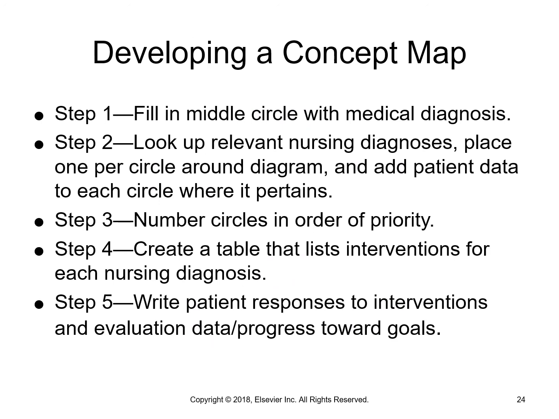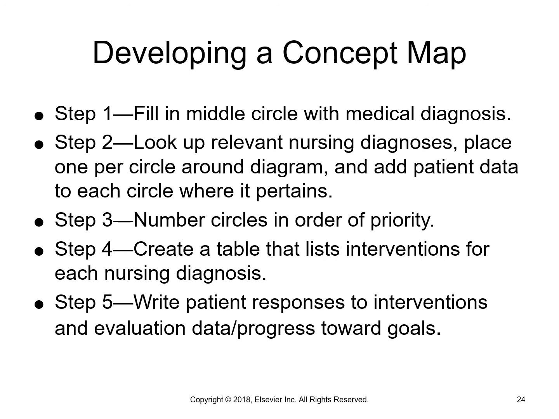So if you want to do this on a patient of yours, step number one is you fill in the middle circle with the medical diagnosis. Again, everything goes off of that main medical diagnosis. That's very important, that you're identifying the main medical diagnosis to formulate your nursing diagnoses. Step number two, you need to look up relevant nursing diagnoses, place one per circle around the diagram, and then add the patient data to each circle where it pertains.